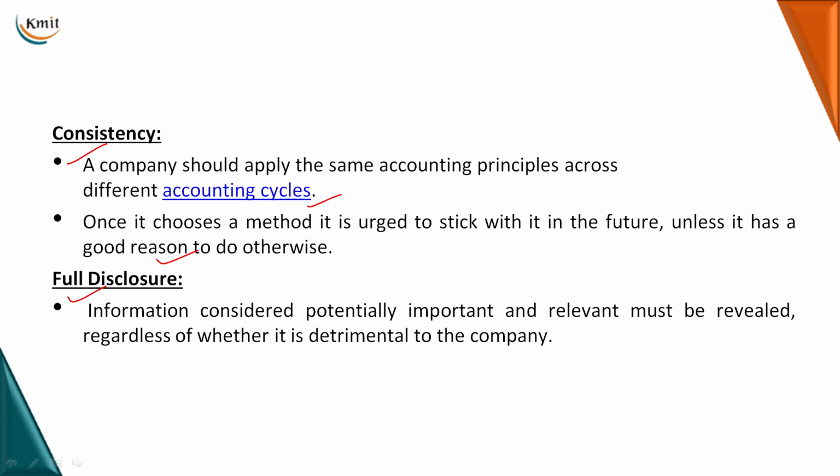Information considered potentially important and relevant must be revealed regardless of whether it is detrimental to the company. That is, it suggests that a business should report all the necessary information in its financial statements, which benefits the creditors as well as the investors and other stakeholders.